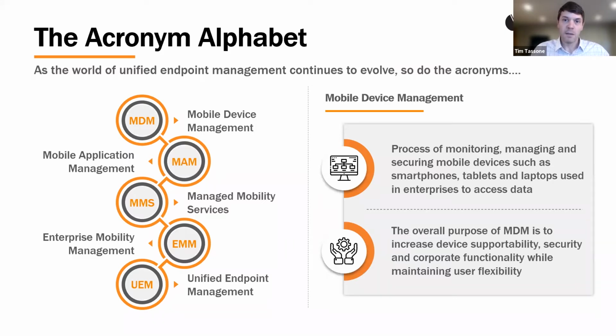This is really the most widely used acronym, and obviously we're going to use this quite a bit today. Next up is EMM, or Enterprise Mobility Management. This is the next evolution, taking everything from MDM and application management, as well as content and security management, into a single solution. If you think about the platforms in the marketplace today, this is where Apple and Android really come into the conversation as well. And lastly, UEM. This is Unified Endpoint Management. It's really the current buzzword, the current acronym that many solutions are catering to today.